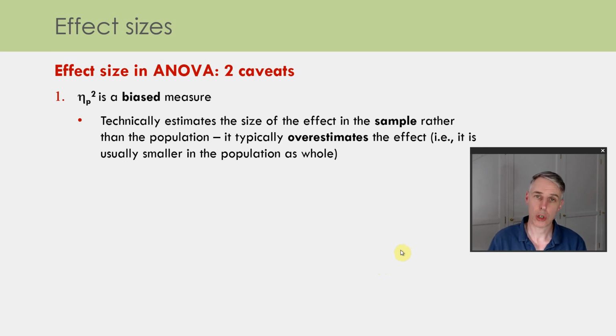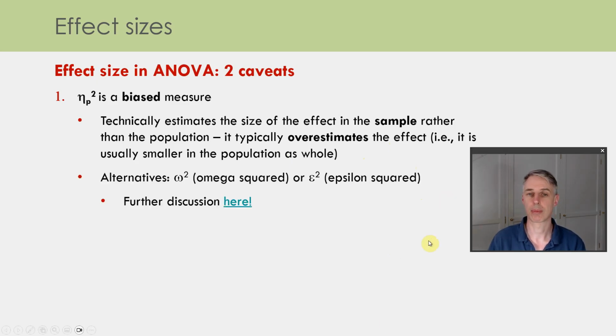Because technically partial eta squared and eta squared estimate the size of the effect in the sample rather than the population as a whole. And it actually typically overestimates the effect in the population. In other words, the actual population level effect for a given method tends to be smaller than the partial eta squared found for a particular sample.